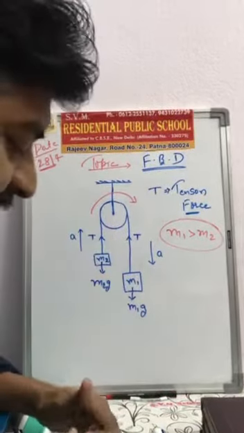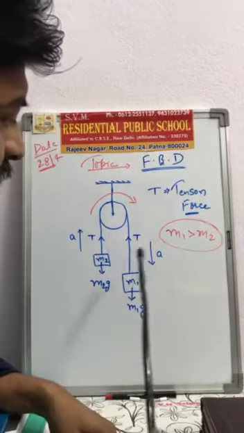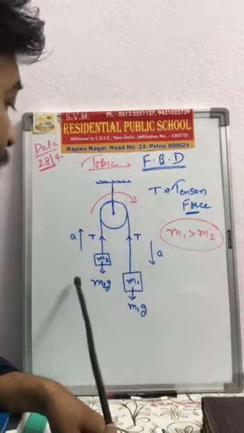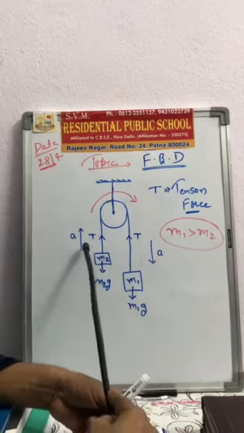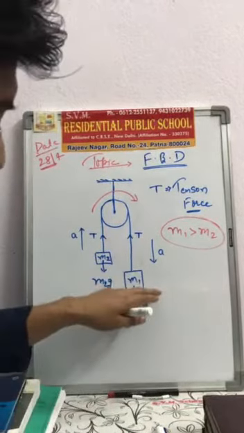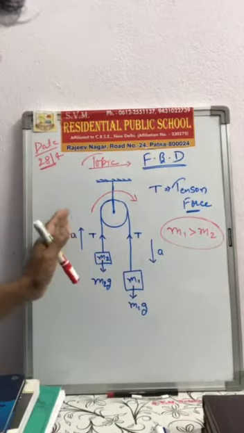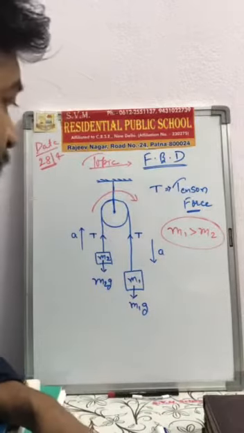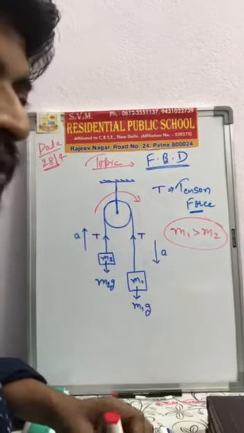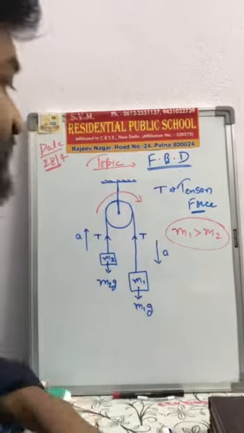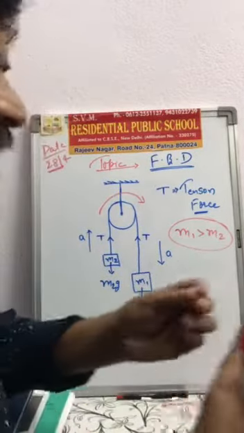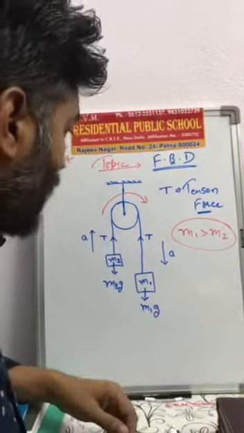Let's consider the acceleration developed in M1 is A and in M2 is the same, A. So the M1 body moves downward with acceleration A and the M2 body moves upward with acceleration A. Now, by these conditions, we calculate the value of tension force and the acceleration developed in the string by a simple formula. Now let's see.